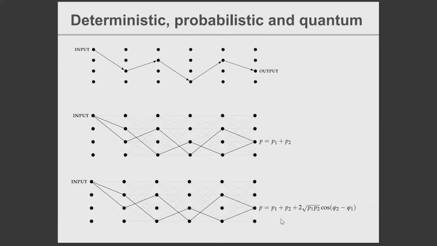And now we know that this extra term could be either positive or negative. So what does it mean? That if you construct your quantum algorithm well, you can amplify the probabilities of good answers and suppress probabilities of wrong answers by playing with those phase factors here.